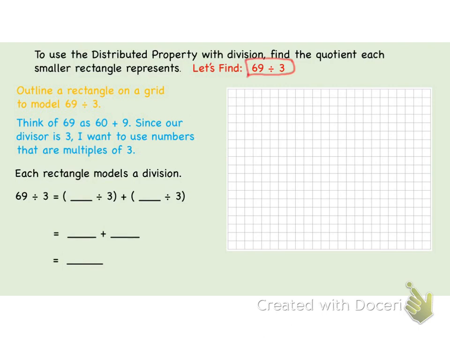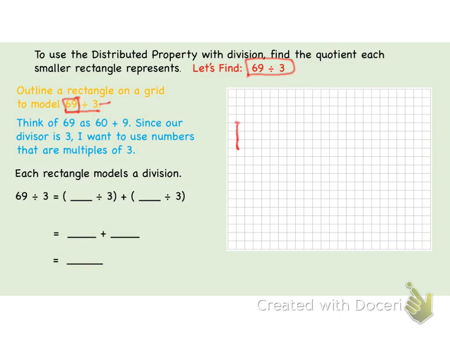It says here to outline a rectangle on a grid to model 69 divided by 3. Well, I know since this is the dividend, that's how many squares I have to have. But I don't know how many across it goes. I know it's got to go 3 down.